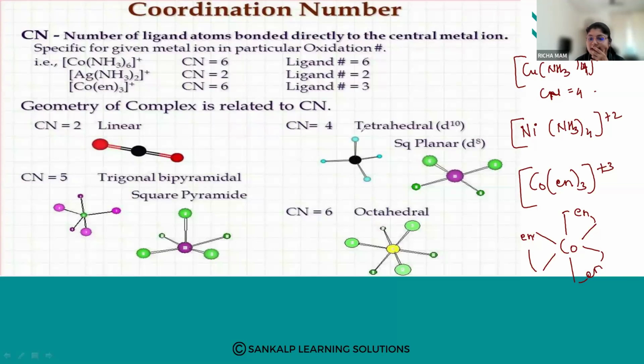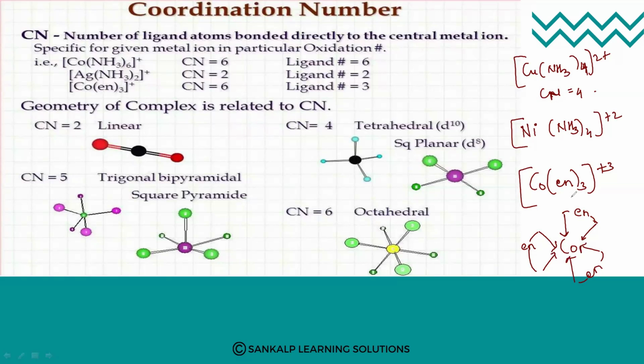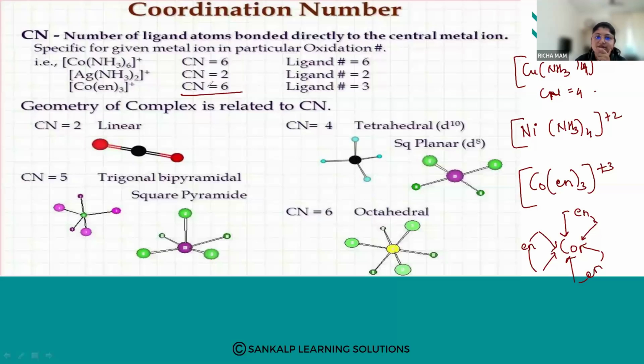So each ligand will have 2 donor atoms, and because of that you need to remember these. Each ethylene diamine has 2 sides that attach. Just count now: 1, 2, 3, 4, 5, 6. So it is 6. So the coordination number is 6.